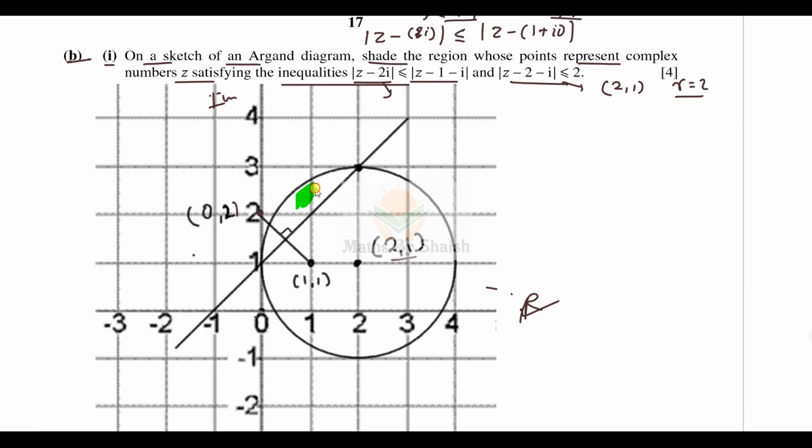This should be the shaded region, the required region, including the line and the circle. So I guess it is okay. Let's do the next part of it.